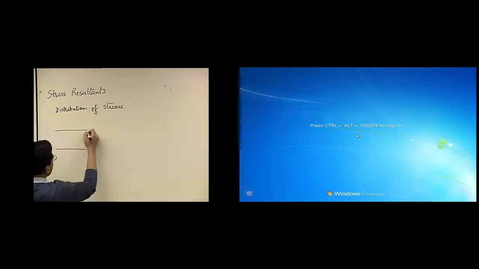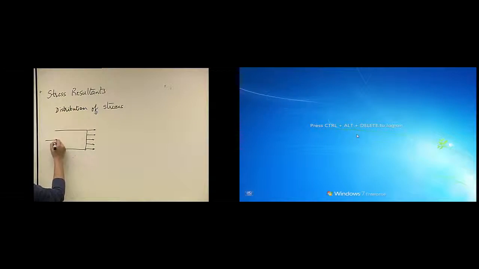So the axial one, let's say if this is the beam schematic, the axial stresses would be along the x1. Then there would be bending in one of the directions.